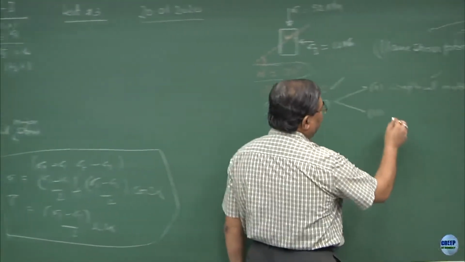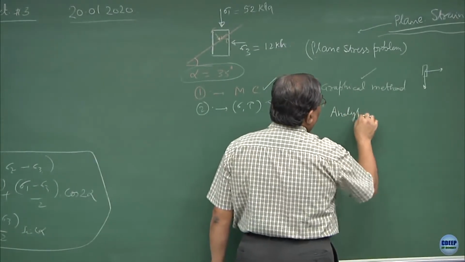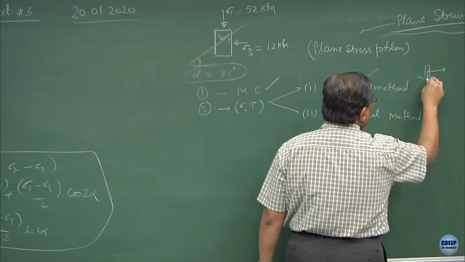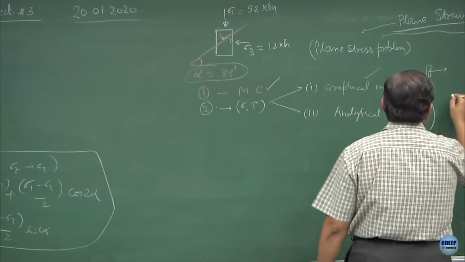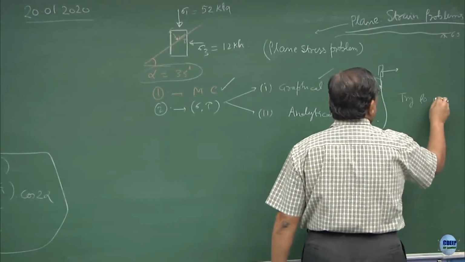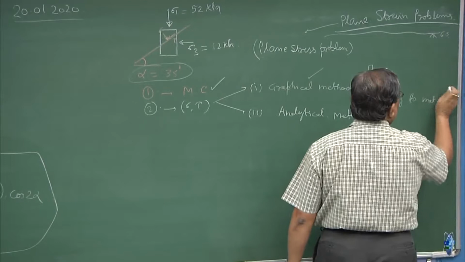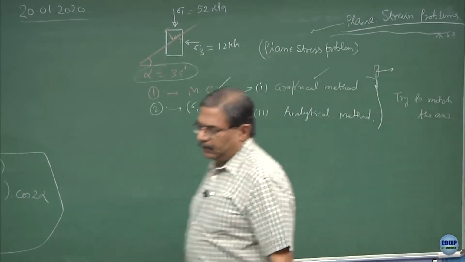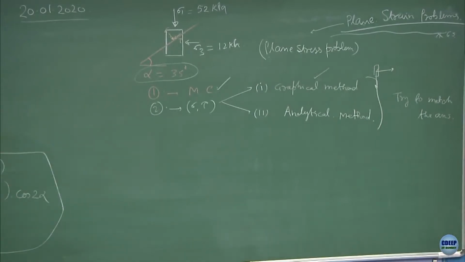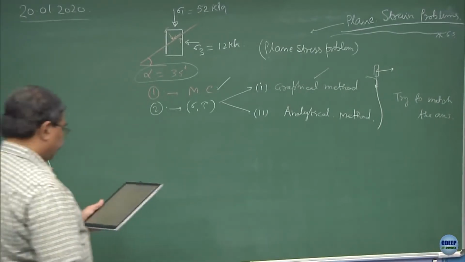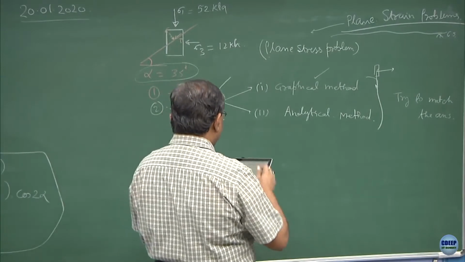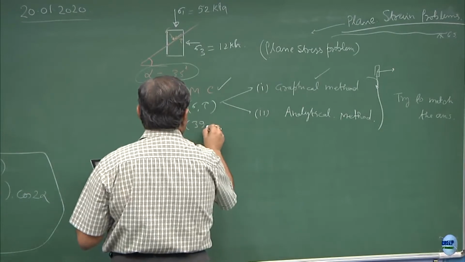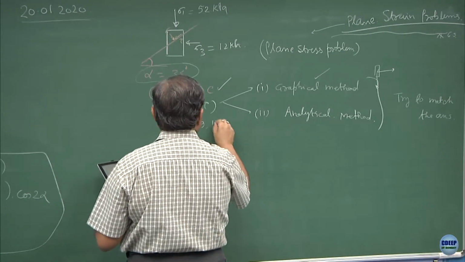So if you do the analytical method, which is nothing but your equations, try to match the answers and see whether you get the same answer or not. The answer you should be getting is a state of stress of 39 kPa and 18.6 kPa.